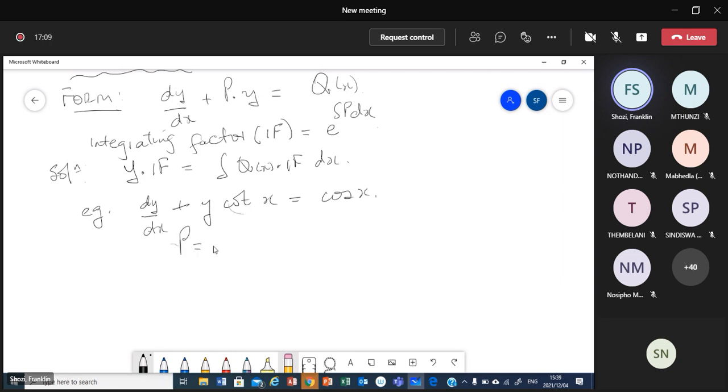So we are seeing that p is cot x and q is cos x. Therefore, the integral of p, which is cot x dx, is, cot is cos x over sine x.